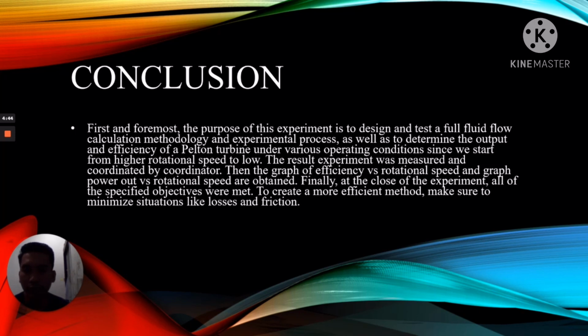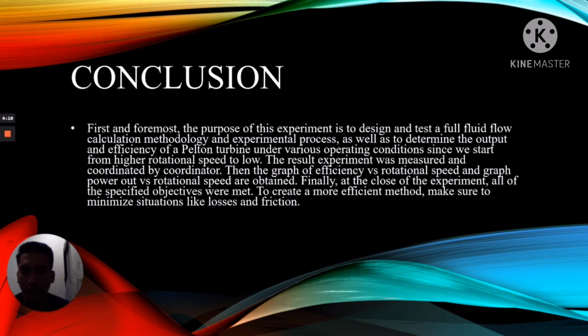First and foremost, the purpose of the experiment is to design and test a full fluid flow calculation methodology and experimental process, as well as to determine the output and efficiency of a Pelton turbine under various operating conditions, since we start from higher rotational speed to low. The experiment results were measured and coordinated.